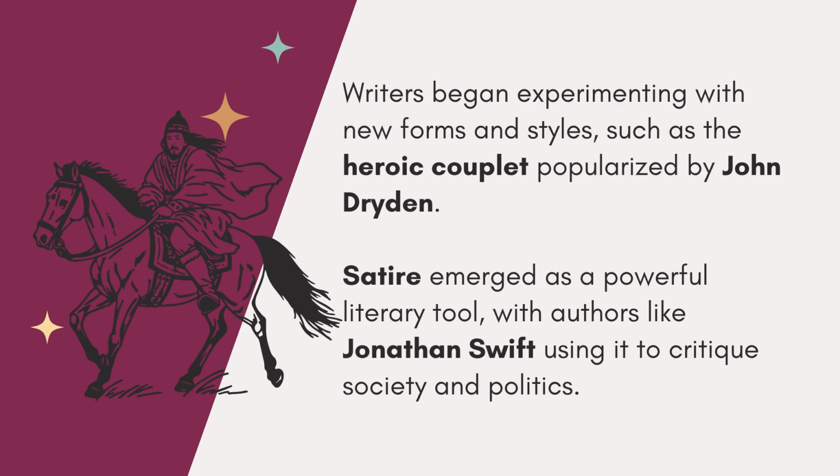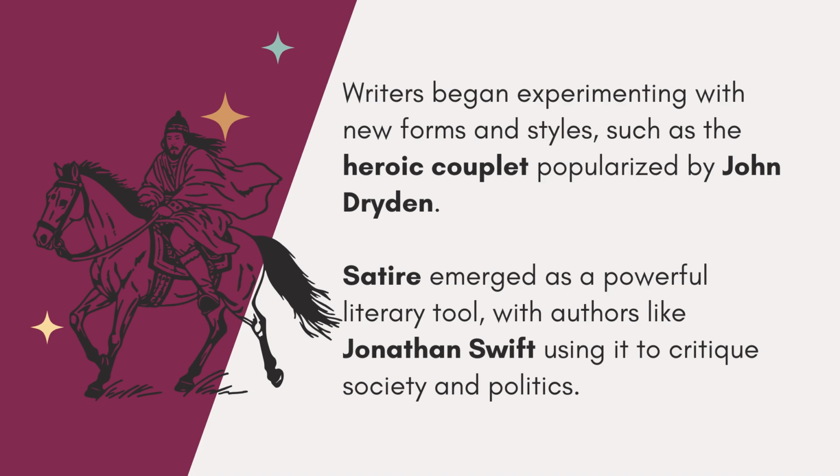Writers began experimenting with new forms and styles, such as the heroic couplet popularized by John Dryden. When we say couplet, it is a two-line poem, and heroic because it mostly talks about heroic deeds, but it doesn't mean that heroic couplets only talk about heroes.